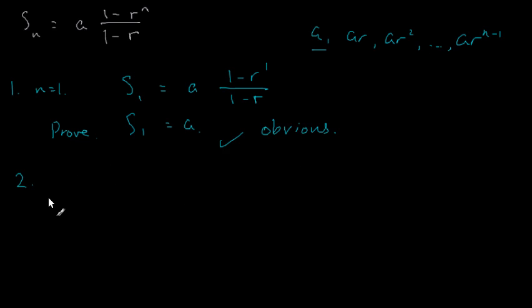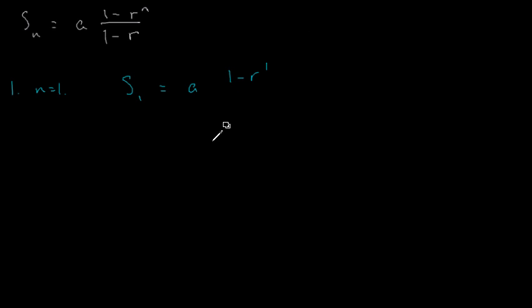And in step 2, we need to assume that it's true for n equals to k. There isn't actually something to prove for this step, but it is useful to write out this formula with n substituted by k.